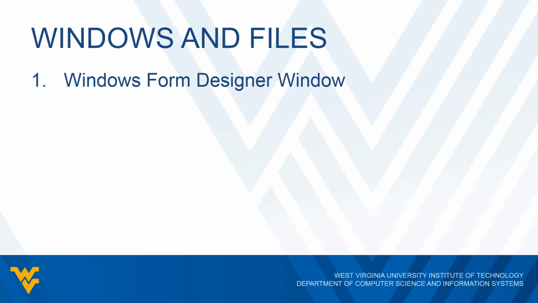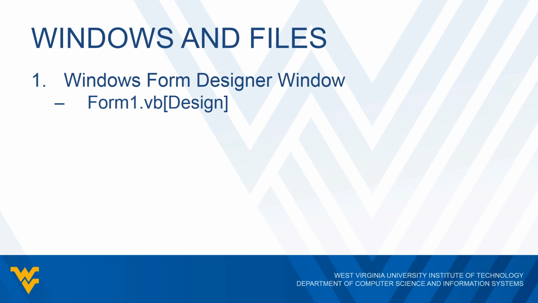So the first thing we have is what's called the Windows Form Designer window. Whenever you open up Visual Studio and you create a new project, as we saw in our last example, we had this initial file that was called form1.vb with design in square braces. And this is the window we're talking about.